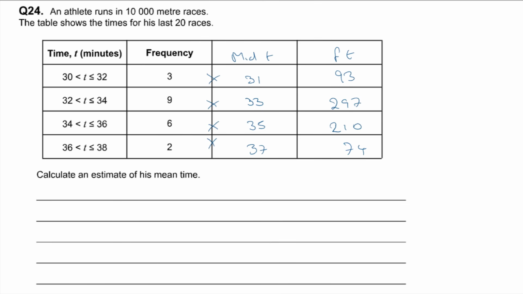Okay, so sigma f, the sum of the frequencies, is going to be equal to 20, because it already tells us there, look, but we can add them up as well if it doesn't. And sigma ft, the sum of the frequencies times the times, that's going to be 74 plus 210 plus 297 plus 93. 4 values comes to 674.